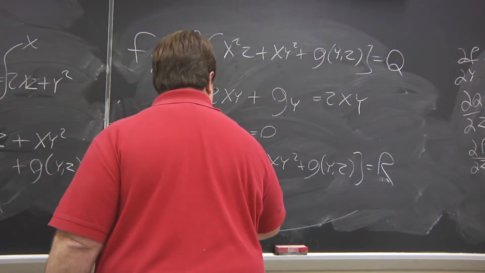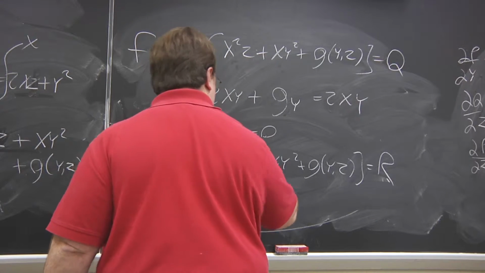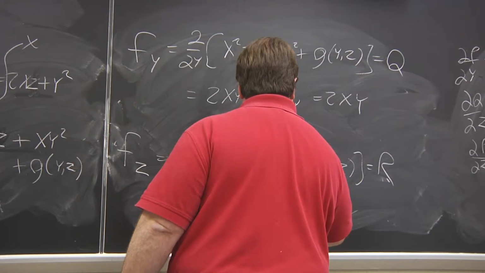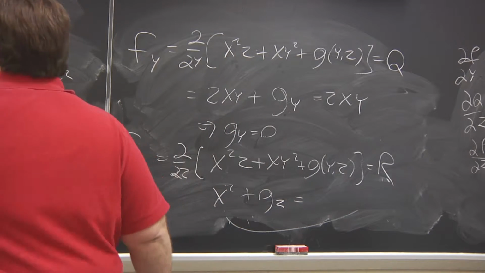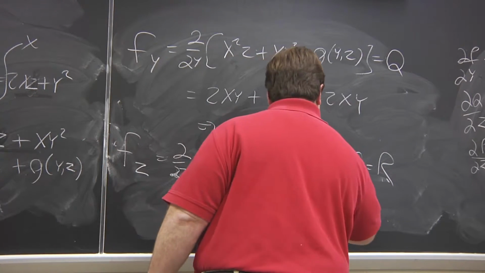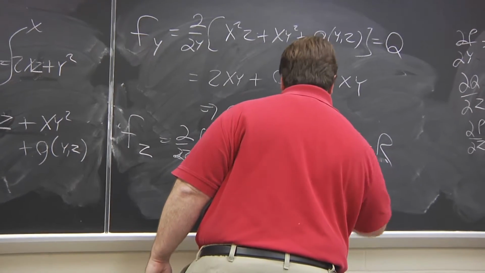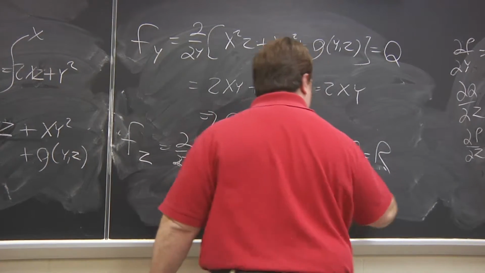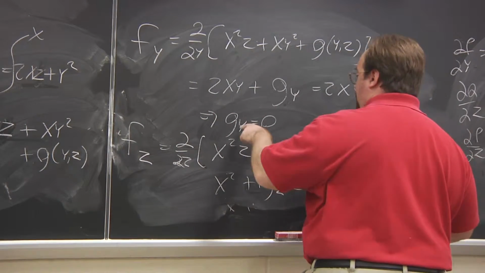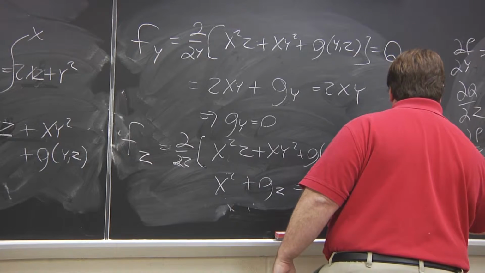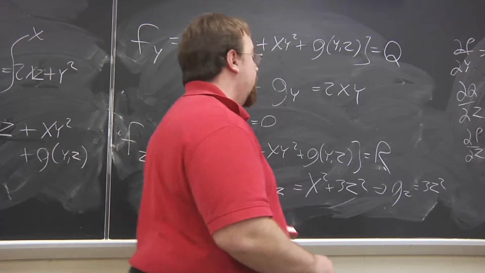So we'll get x squared plus 0 plus g_z, and that should be equal to x squared plus 3z squared. So g_y is 0, g_z is 3z squared.